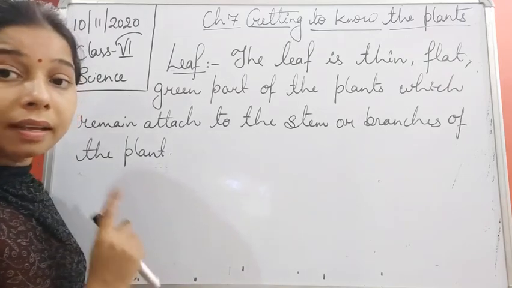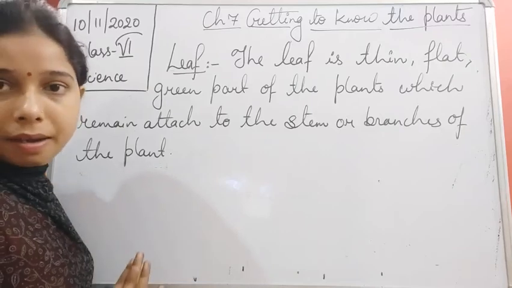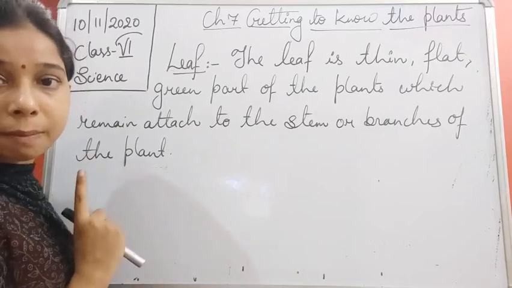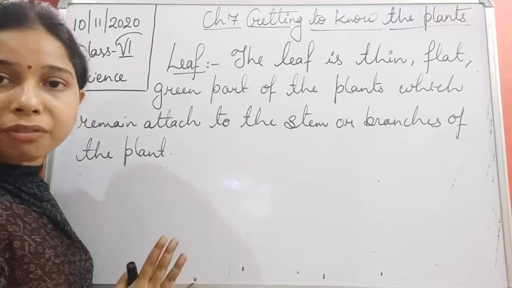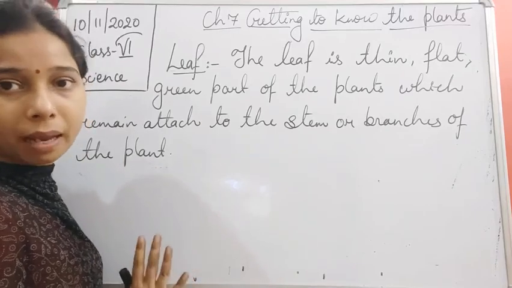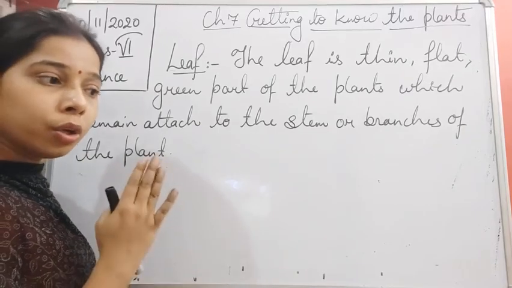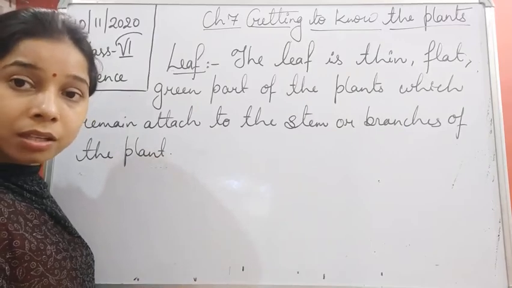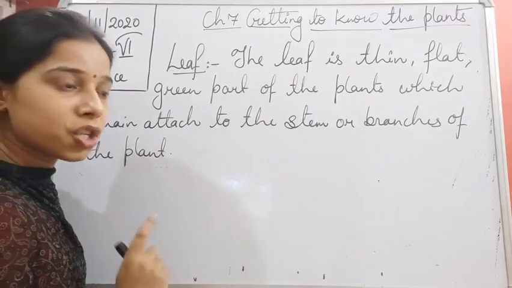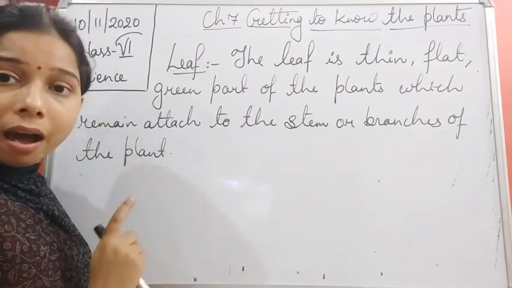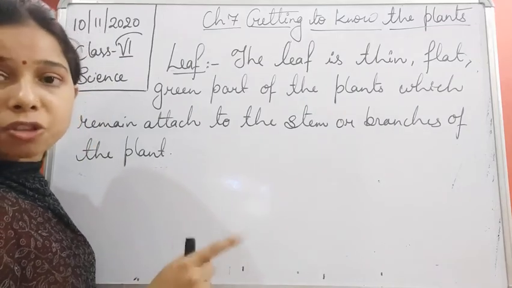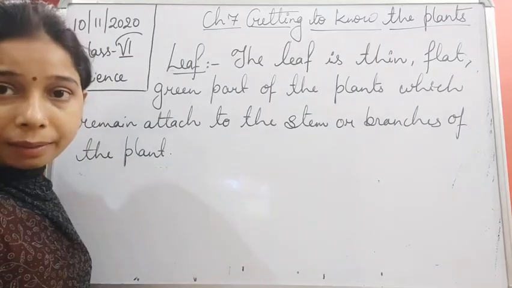First of all, their number. There are many in number. There is not just one leaf present in the plant, so a large number of leaves are present on the tree or plant. And when you look at the leaves of different plants, you will find that their shape, size, as well as margin vary.